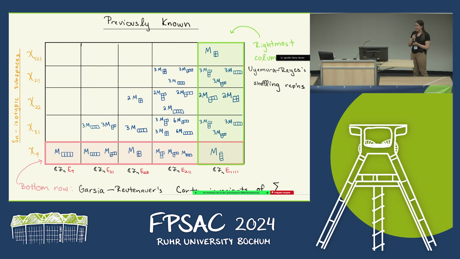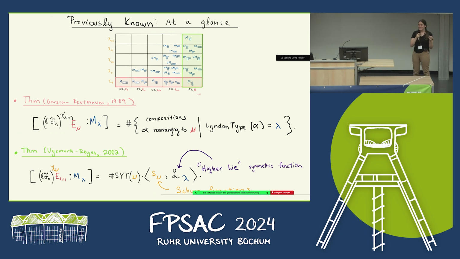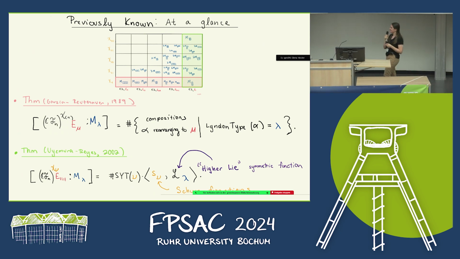And I wish I had time to really go into depth with their answers because they're both very beautiful, but I'll just flash them at you and say a little bit about it. And hopefully, if you're interested, you can read more. So the Cartan invariants of the descent algebra are exceptionally nice, I think.